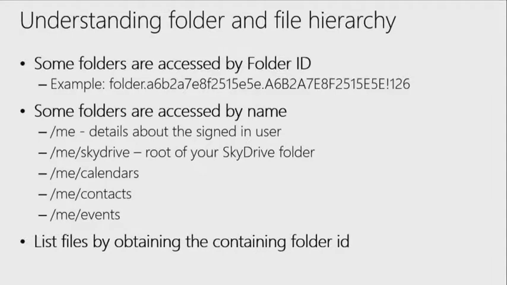So, understanding folder and file hierarchy. This is one of the key impediments, I think, to really embracing this API. Bear in mind that whenever you want to access a folder, you're going to do so by its folder ID unless it's one of those special folders that has a friendly name. And we've listed some of them: Me SkyDrive, Me Calendars, Me Contacts, Me Events.